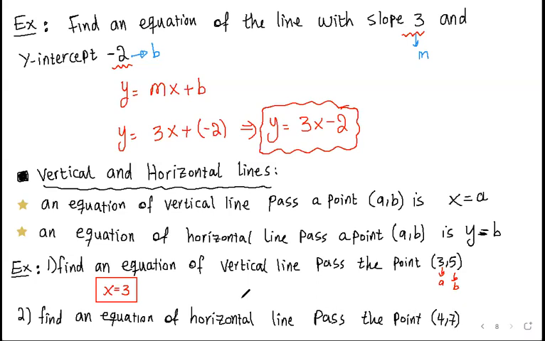What is the answer? Again, by using this property, the equation of a horizontal line that passes through a point (a, b) is y equals b. So what's the answer here? y equals 7. Exactly, y equals 7.